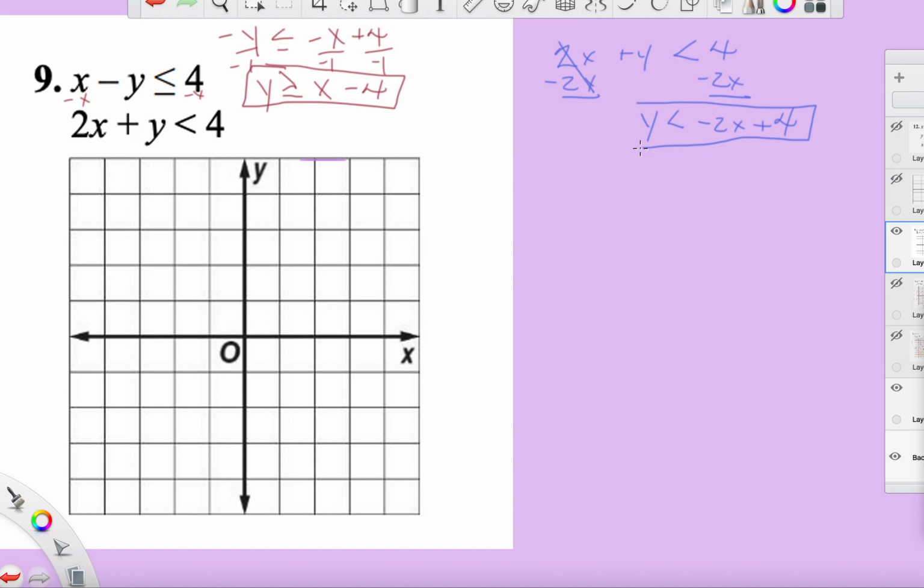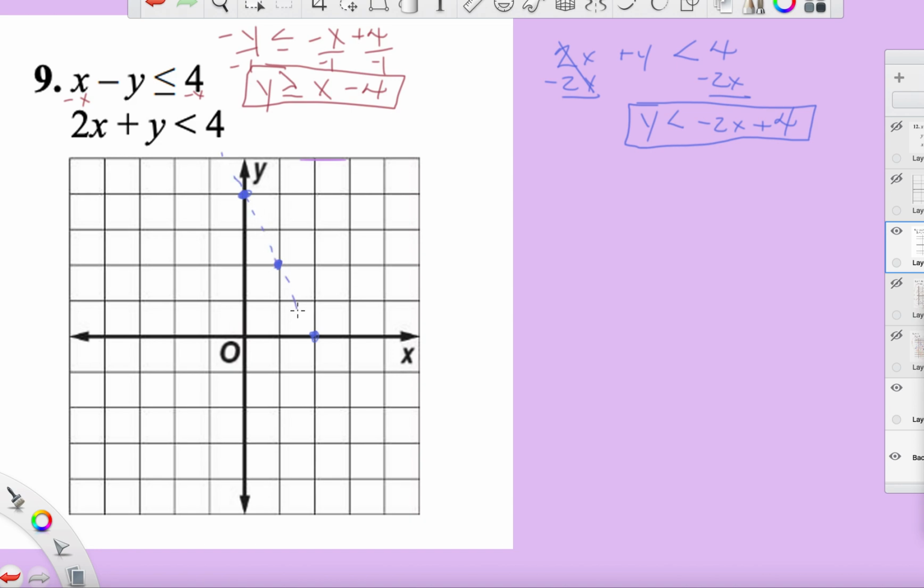This is almost the big deal, right? So I'm going to make a dot at 4. I'm going to go down 2 and over 1, and down 2 and over 1. And I'm going to make a dotted line.